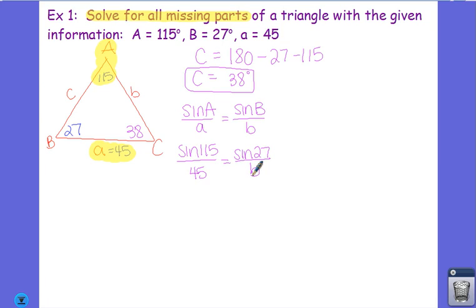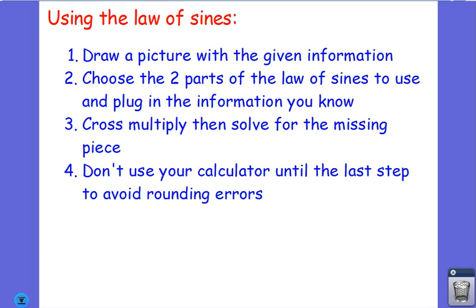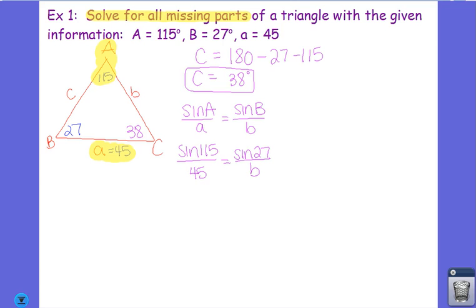So now, if we look at our steps, we've set up our equation and we've plugged in our information. Now we're going to use cross multiplication. Hopefully you remember in middle school, cross multiply means those two get multiplied and those two get multiplied.